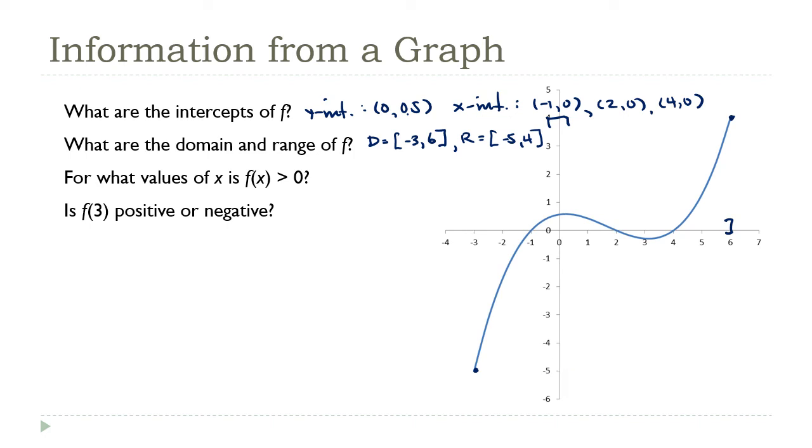All right, so question 3 here. For what values of x is f of x greater than 0? Well, remember, f of x, that's the same thing as y when we're doing graphs like this. So it's asking, where are the y values greater than 0? Well, the y values are greater than 0 in this section, and they're greater than 0 in this section.